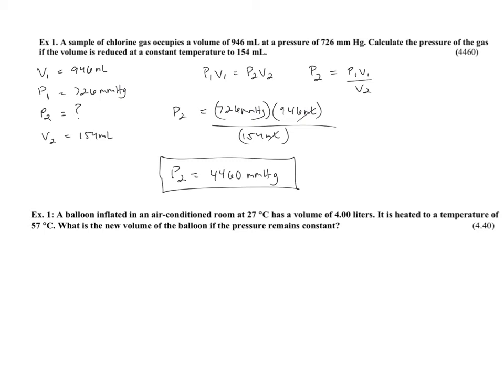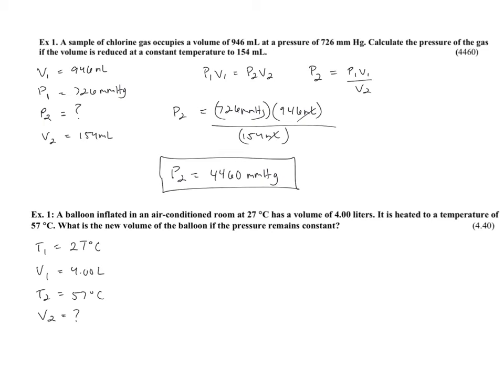Okay, so we have constant pressure, and we have a temperature of 27 degrees Celsius, and there's a volume of 4 liters. It's heated to a new temperature of 57 degrees Celsius, and we want to know what's the new volume.